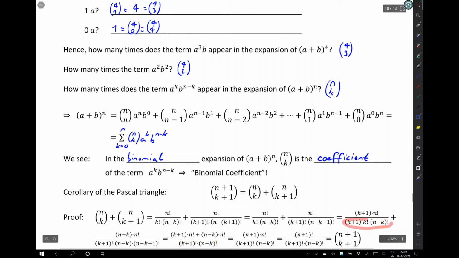So we have this denominator here, and here we have (k plus 1) factorial as here, and n minus k times (n minus k minus 1) factorial is just (n minus k) factorial. So I have 2 times the same denominator, so I can write it as just one fraction, adding the 2 numerators, and then summing it up. We get n plus 1 times n factorial, which is (n plus 1) factorial. And in the end, we just get, again, using the definition of the binomial coefficient, n plus 1 choose k plus 1. That's it.